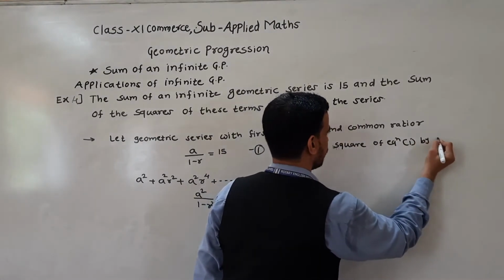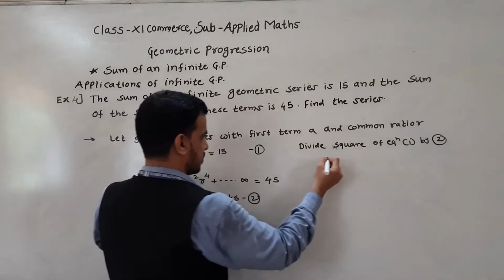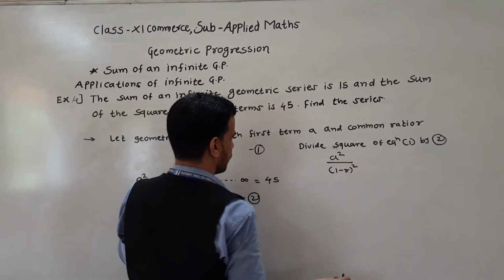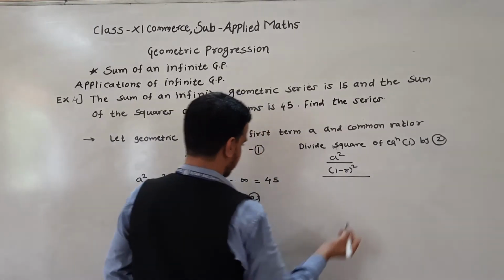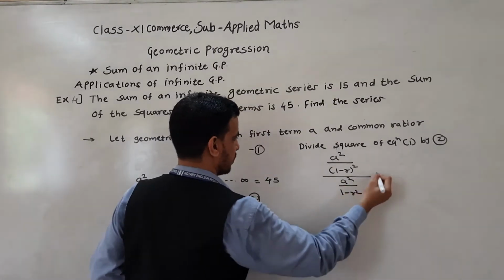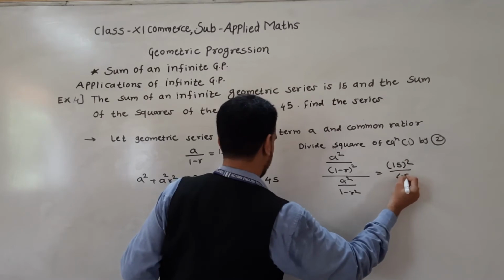Okay, so if we square this, it is A square upon 1 minus R bracket square divided by A square upon 1 minus R square is equal to 15 square by 45.